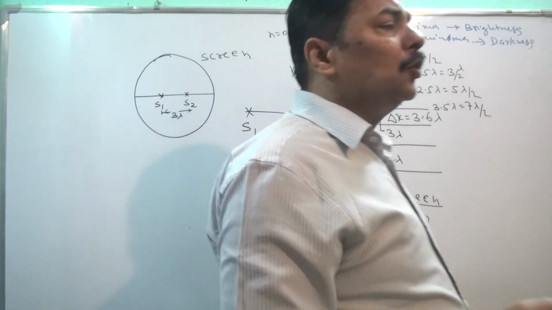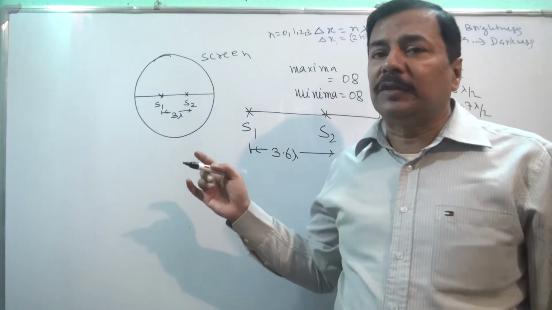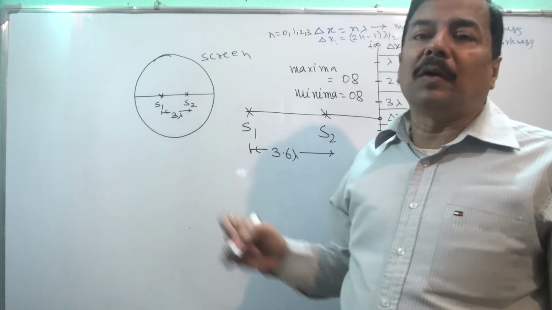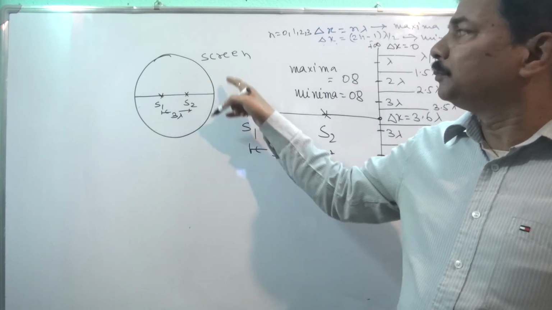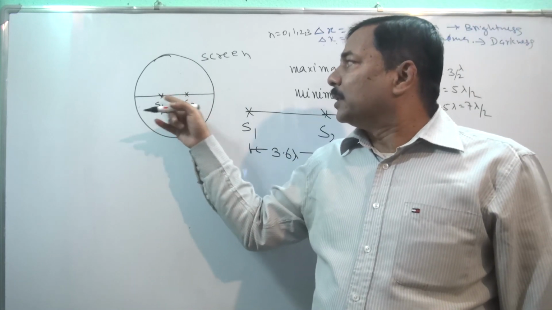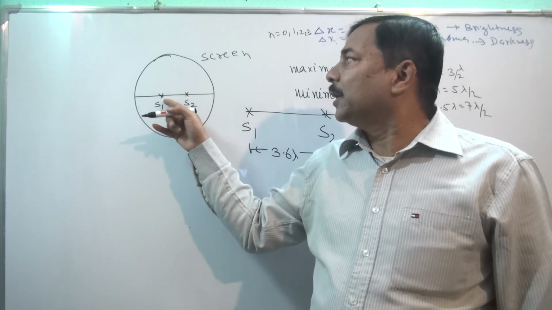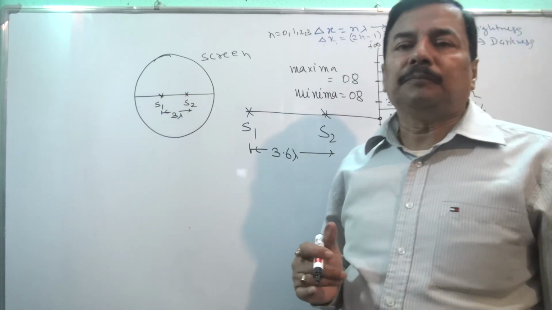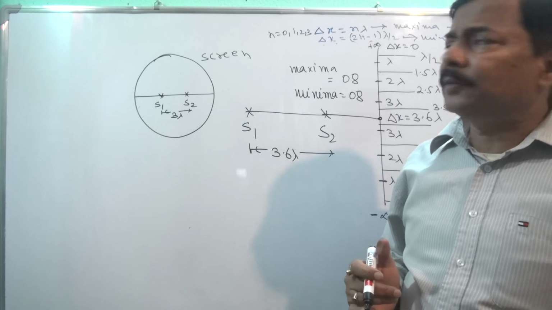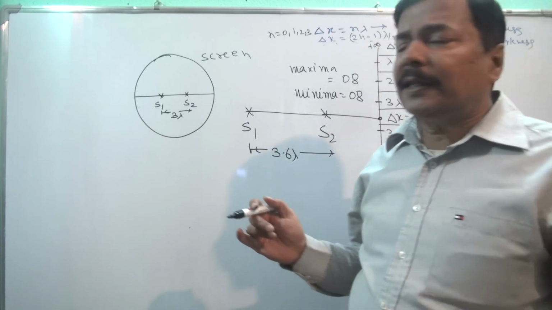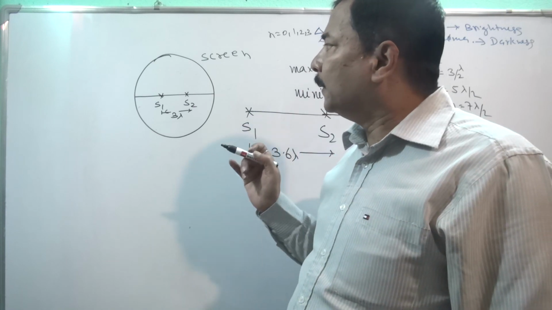Now you have to tell the same question: what is the number of maxima and minima observed on this screen? The two sources are symmetrically placed on the diameter, 3 lambda apart. Now in this case, try to understand.